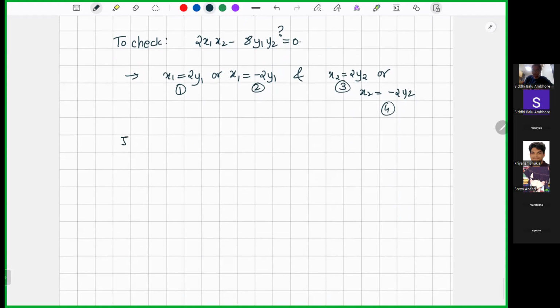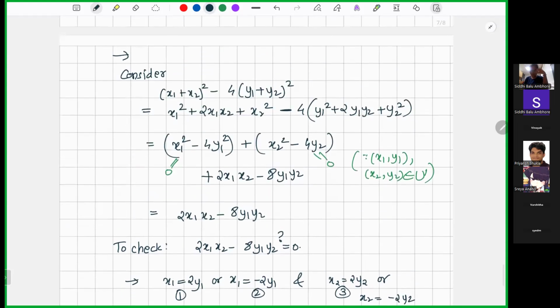Okay, so if x1 is equal to 2y1 and x2 is equal to 2y2, in that case this 2x1 x2 will be 2 into 2y1 times x2. Am I correct?